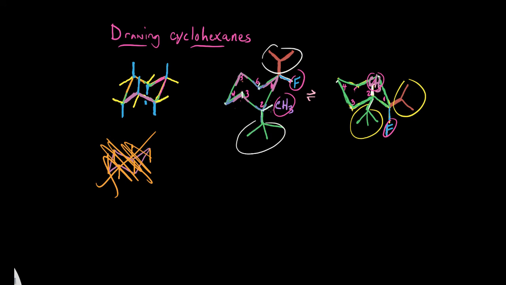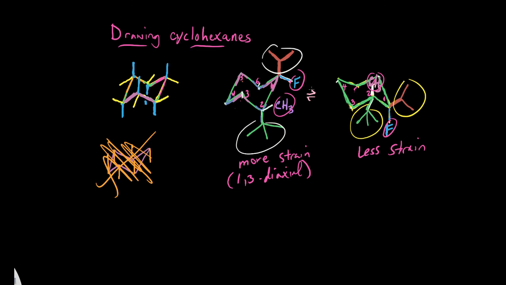And so this one has more strain. It's called A, or 1,3 diaxial strain, and this one has less strain because the larger substituents here are in the equatorial position.